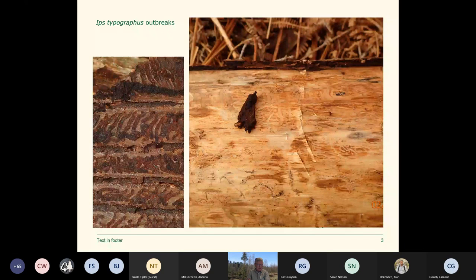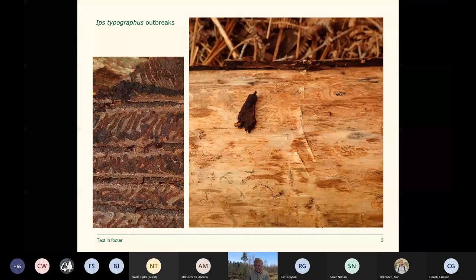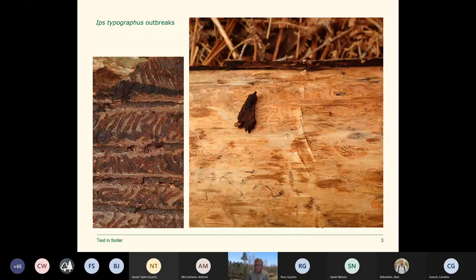One is with a series of survey sites across the country, where conifer billets were baited with a pheromone lure aimed at attracting bark beetles, and at the end of the season, these survey sites are dismantled, and a very close inspection of any of the insect activity is undertaken.